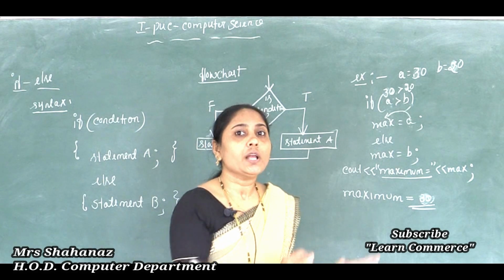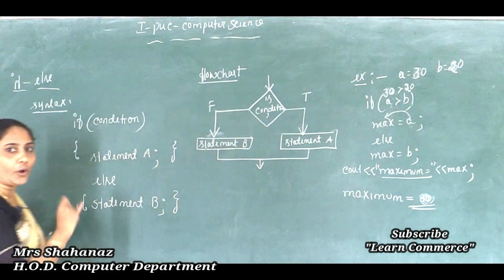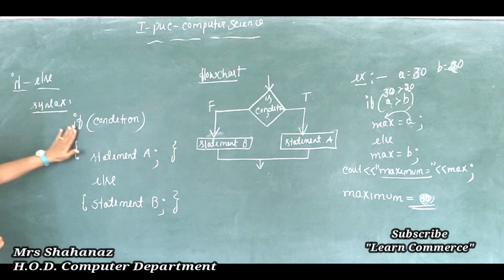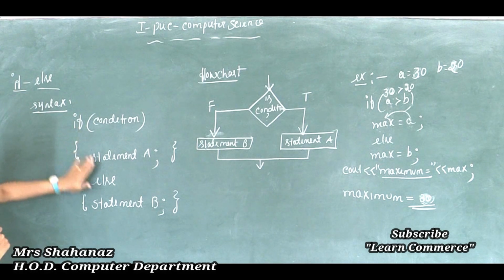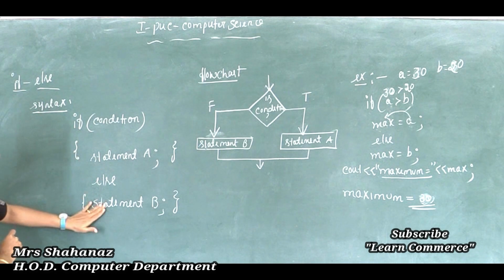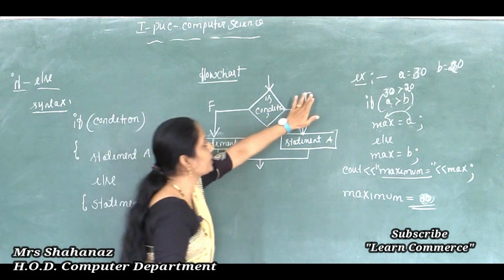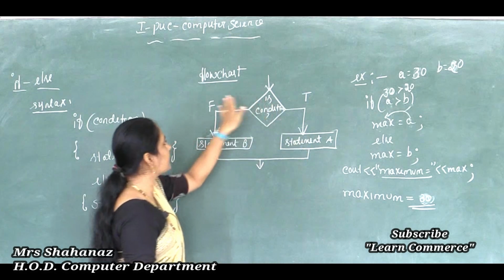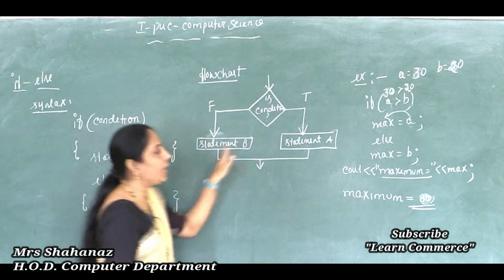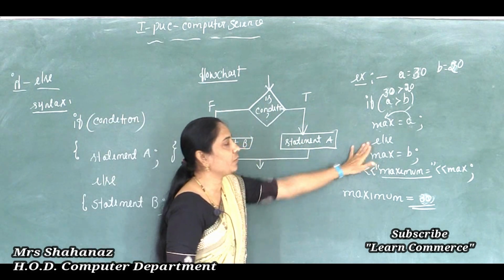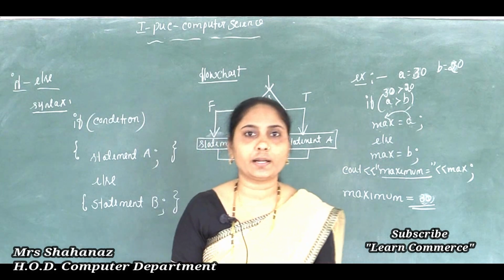Clear this point here? So this is some of the points in case of our if else, that is the syntax. If condition, statement A, else statement B. This is called the flow chart. If condition is true, statement A, else if false, the statement B, and it is a very simple example for our if else. Thank you.